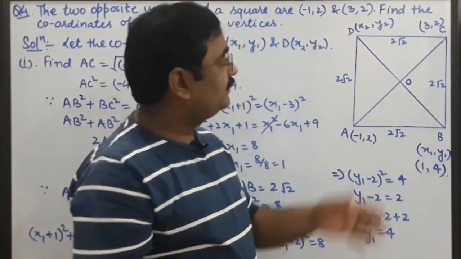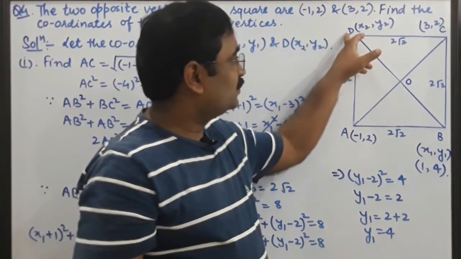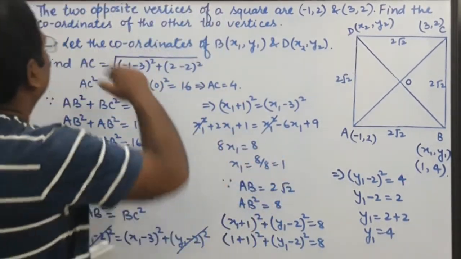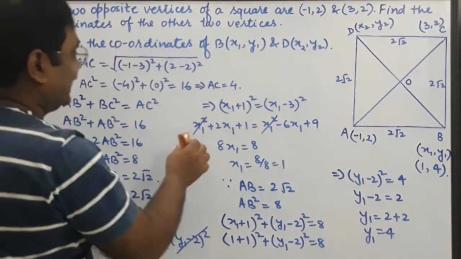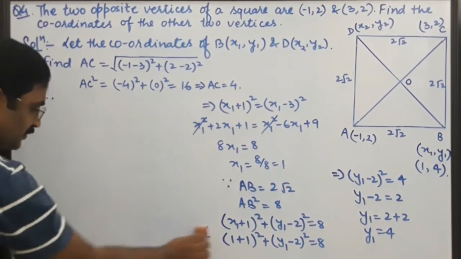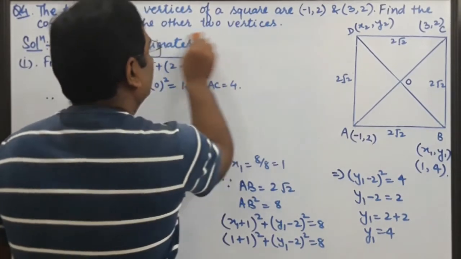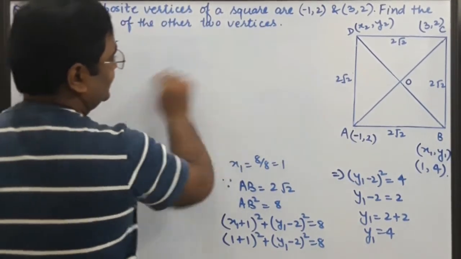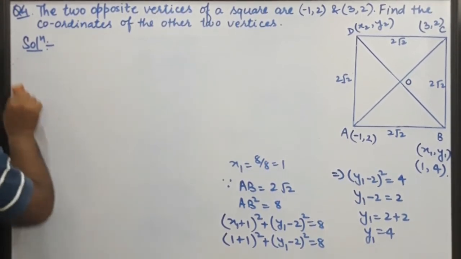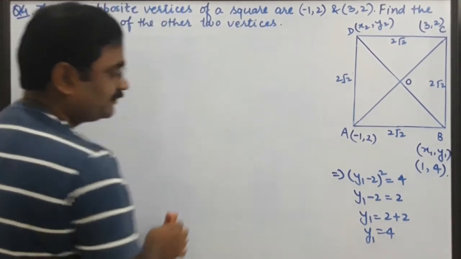Now to get the coordinates of point D, that is x2, y2, we need to use a few other concepts, different from this one. So let us find out the coordinate of point D, which is x2, y2. How to get it? Let us see. This is easy, as you have solved to get the coordinate of point B, which was x1, y1, right?